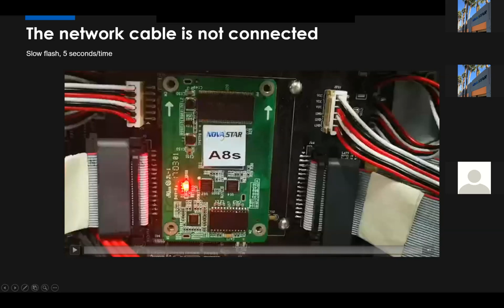It flashes very slowly, indicating that the network cable is broken or the network cable is not connected. In this case, we need to check the network cable. That means the Ethernet cable.